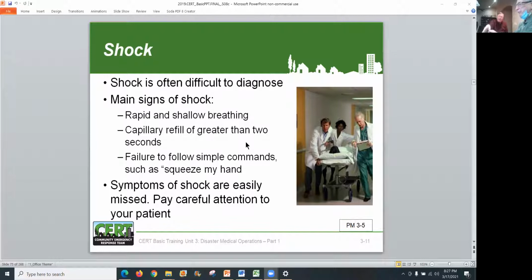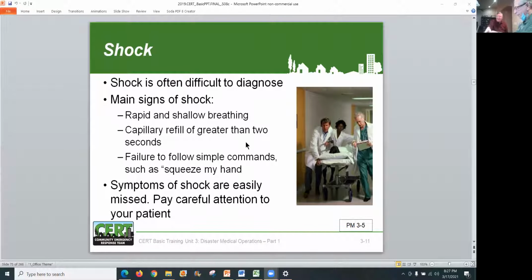By bleaching, you're just pushing the blood from one part of the finger to the other. So if it doesn't come back to natural color in 2 seconds, I'm in shock probably. Maybe, yeah, but a good chance.